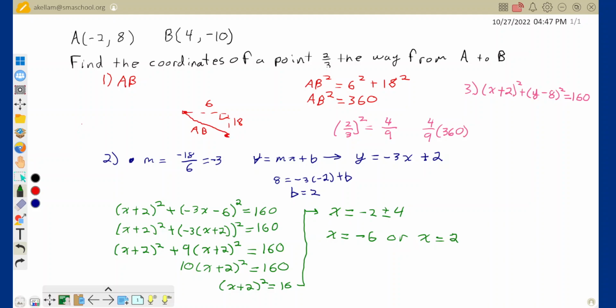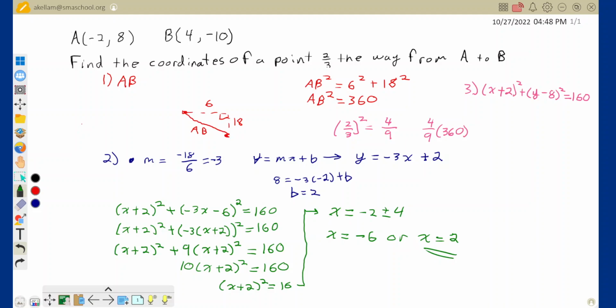Now, some might go, but we have two options. There's only one point that this can be, but we have two options. Yes, we do. But let's think for a minute. Which of these two is between A and B? 2. So this is the x value that we want. We can then substitute that back in to here to figure out our y value.